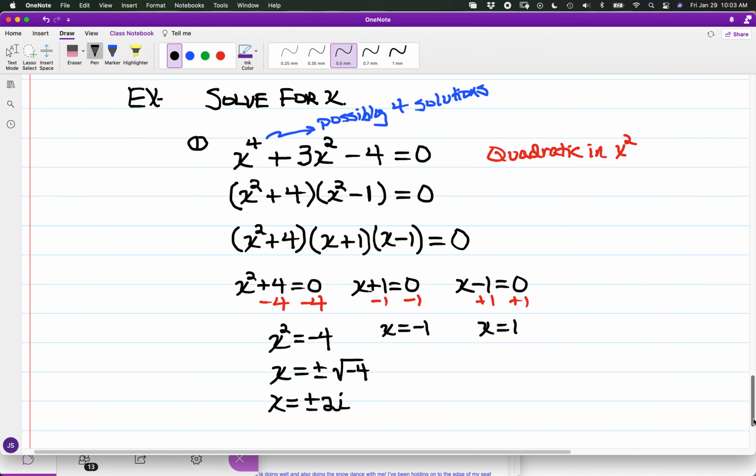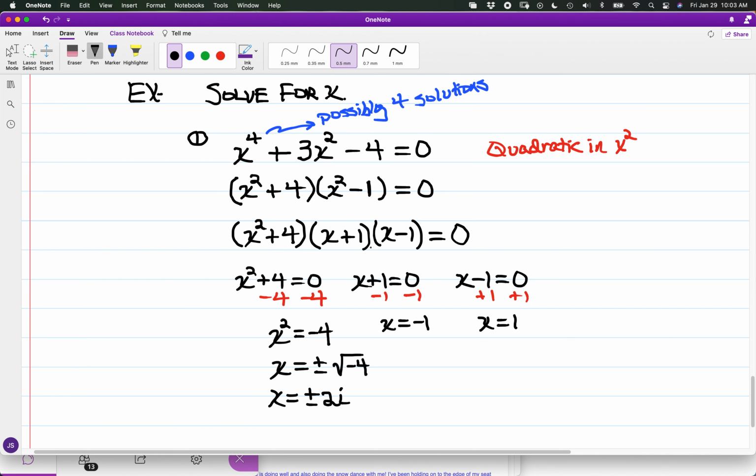And so I said we might have 4 solutions, and with the way that the cookie crumbles, we do have this to come about. So we have with our solutions 2i and -2i, as well as negative and positive 1.